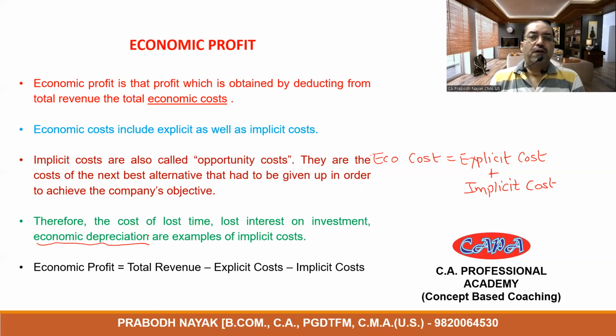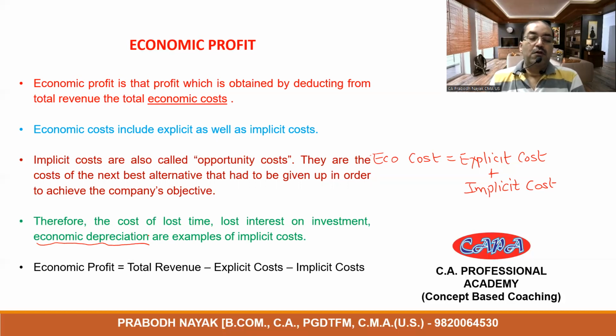For accounting profit, I am subtracting from total revenue only the explicit cost. For economic profit, I am subtracting not only the explicit cost, but also the implicit cost. So obviously, economic profit will be less than accounting profit. That is my observation from the equations.